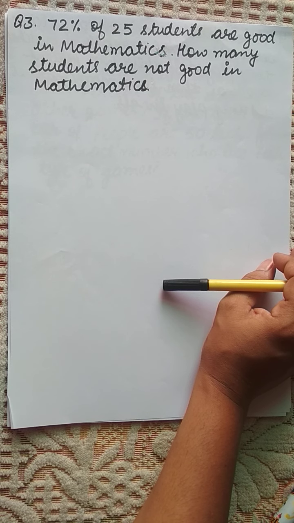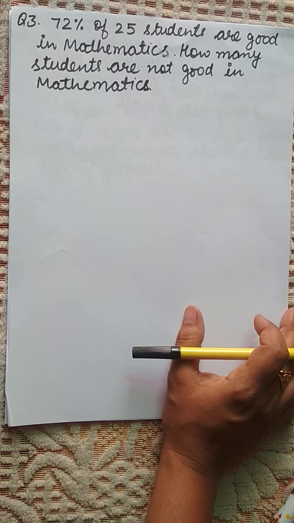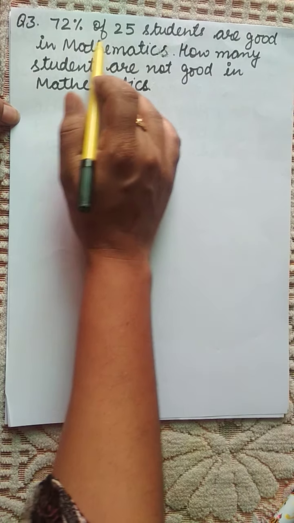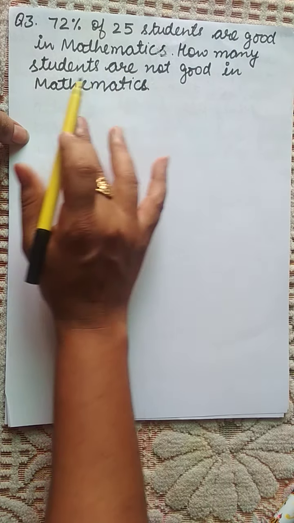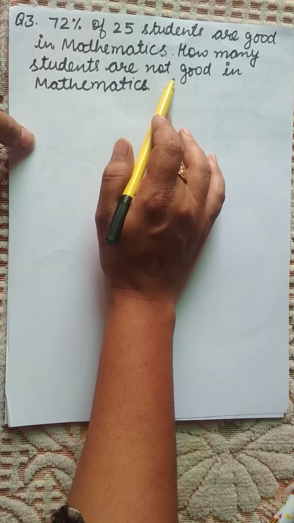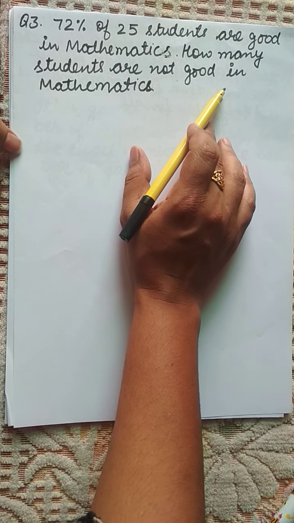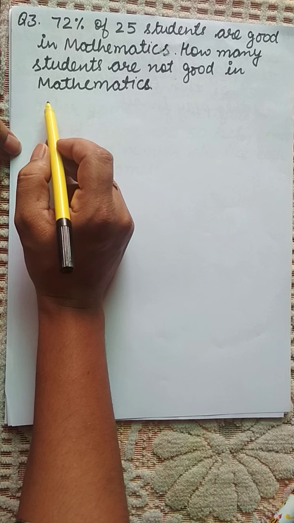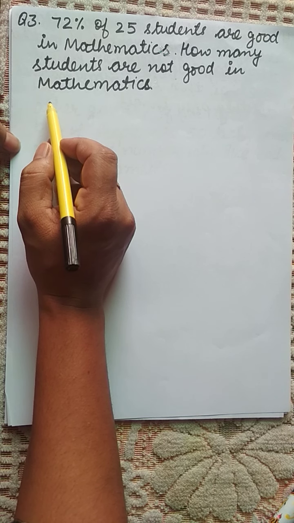Question number 3 is 72% of 25 students are good in mathematics. How many students are not good in maths? The question is, 72% of 25 students are good in maths. I want to find out the students who are not good in maths. So firstly, I'll calculate the percentage of students who are not good in maths.